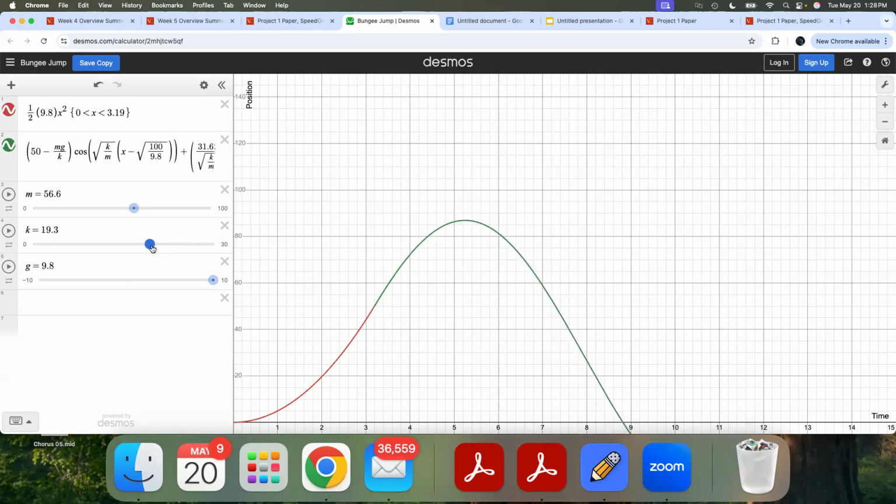So this is the game we're playing. We're figuring out at least three different scenarios. We're going to pick some different M's and K's where we do and don't hit the river. Maybe one where we don't hit the river, one where we just touch the river, and one where we're going to drown.